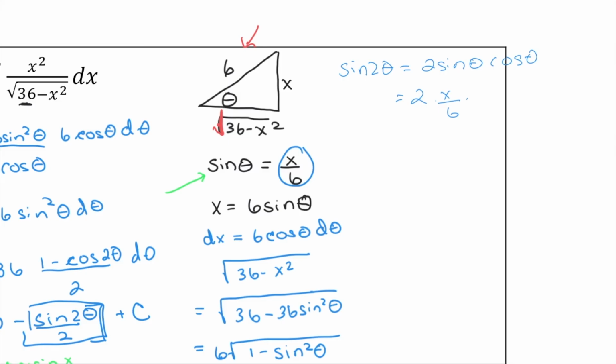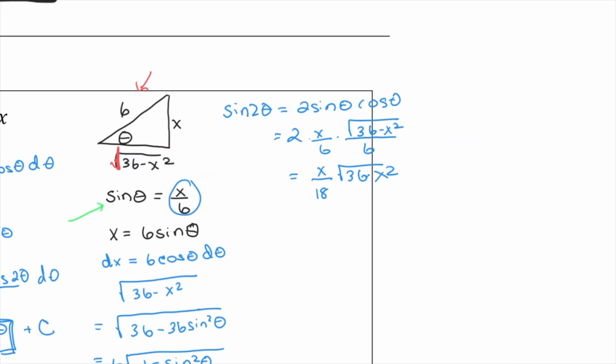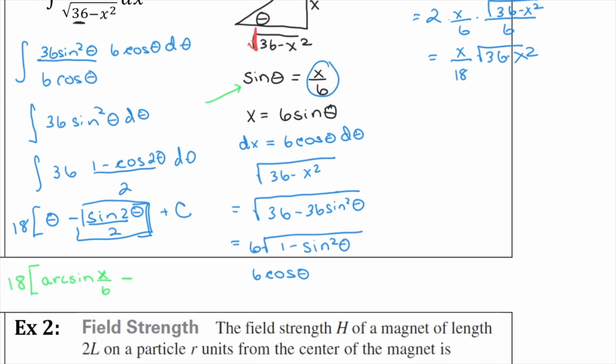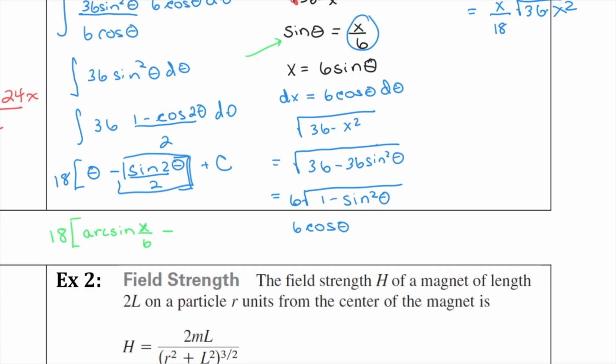And we know that the cosine of theta is the square root of 36 minus x squared divided by our hypotenuse, which is 6. So that'll leave us with x over 18 times the square root 36 minus x squared. Now we'll substitute the expression for sine 2 theta into our final answer and come up with.